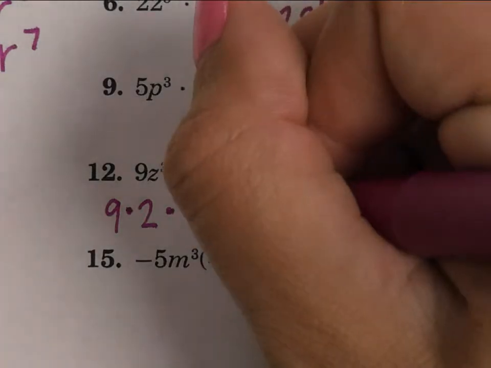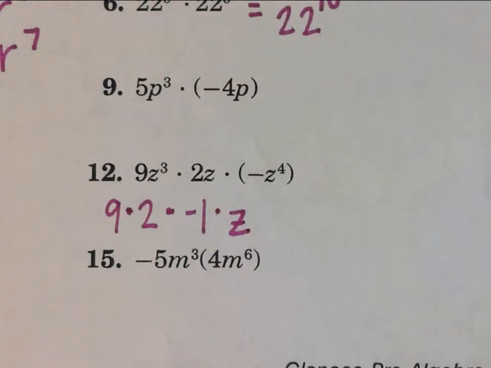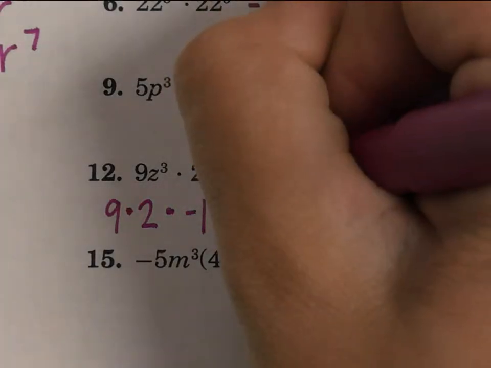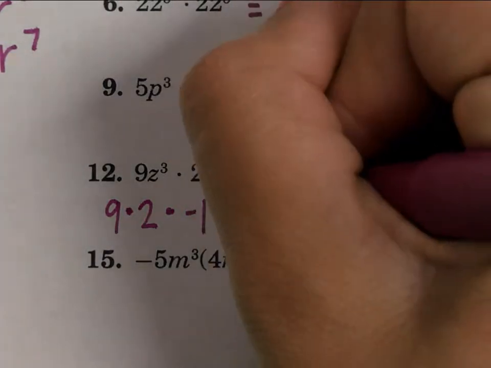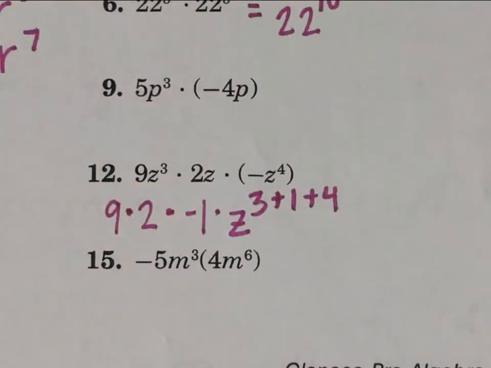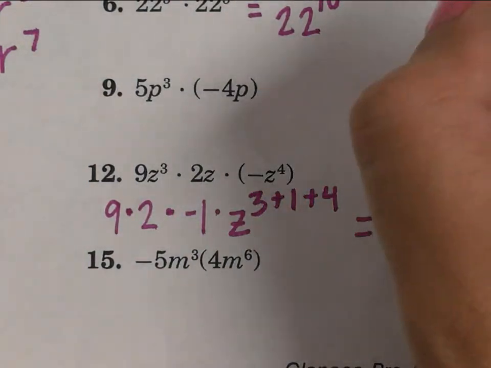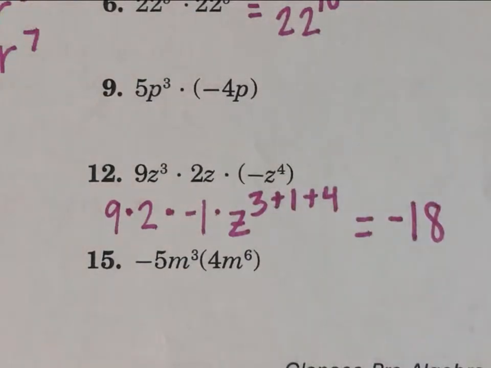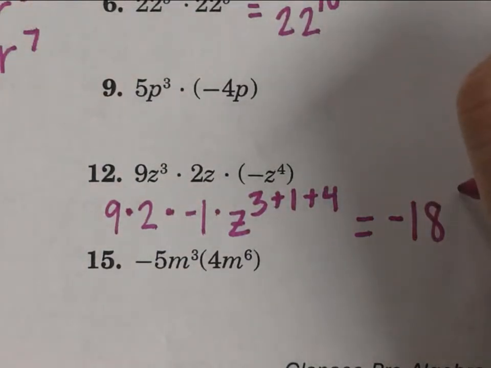Of what? Z. So, since I do have a common base, that means I can add all of my exponents. So, 3 plus 1 plus 4. So, what's 9 times 2 times negative 1? Negative 18. And z to the 8th power. Whoops. What's wrong with Z?